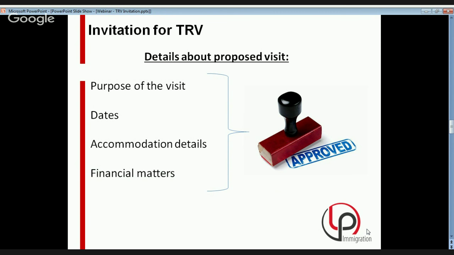Next, the dates of the visit. An invitation must include specific dates when a guest is going to come to Canada and, of course, when he or she is going to leave Canada. Duration and dates of stay must be reasonable in the scope of the visit reason. For example, you cannot invite a friend for a wedding for a 3 month visit.